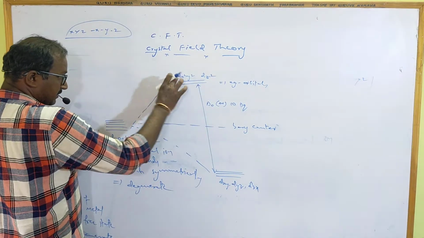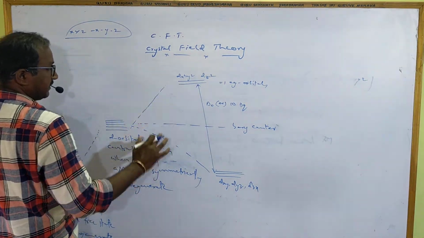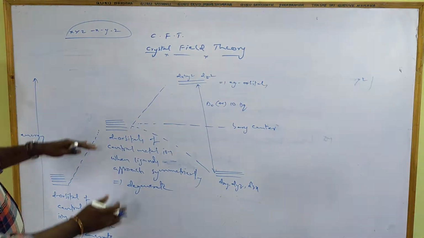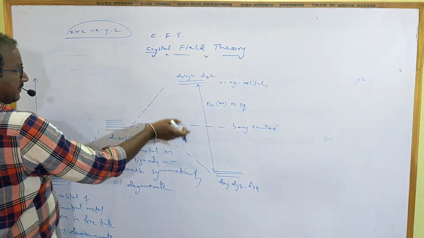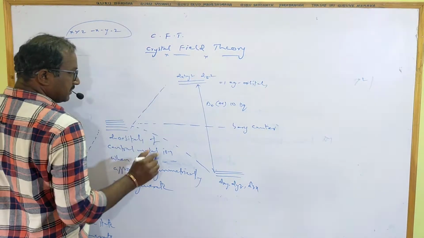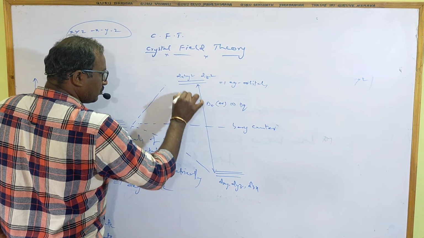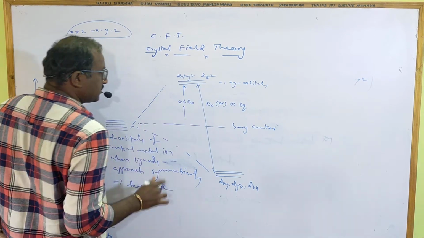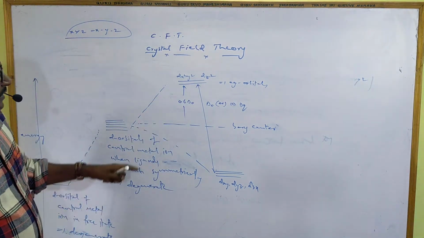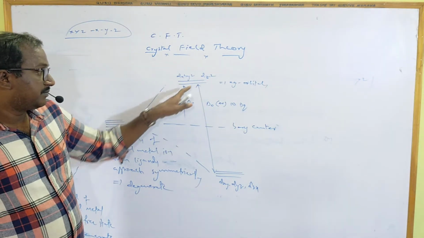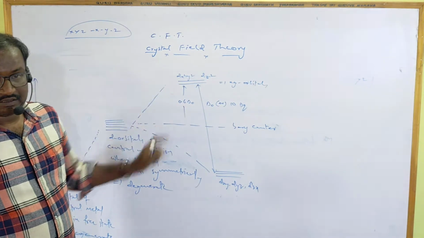And if you think about the energy difference from the barycenter to the Eg orbitals, it will be 0.6 delta O, which means the energy of these two orbitals increases by 0.6 delta O from the barycenter.